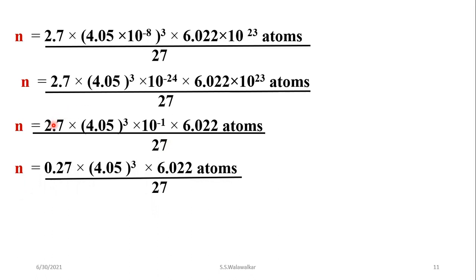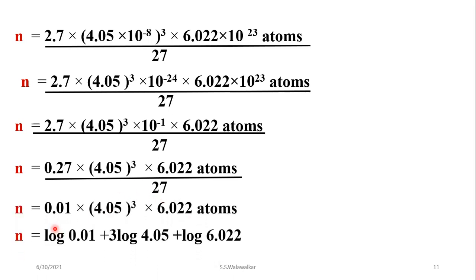So here 2.7 into 10 raised to minus 1, that is equal to how much? 0.27 into 4.05 raised to 3 into 6.022 divided by 27. Now 0.27 divided by 27, that is equal to how much? 0.01 into 4.05 raised to 3 into 6.022 atoms.